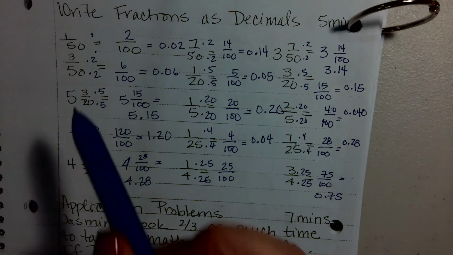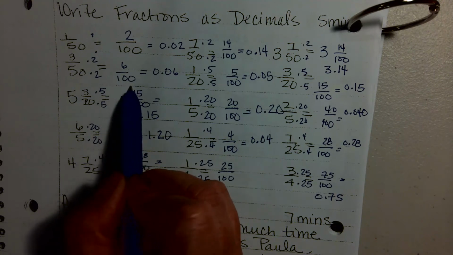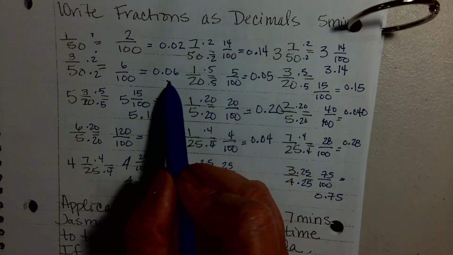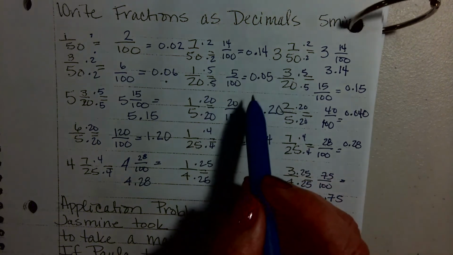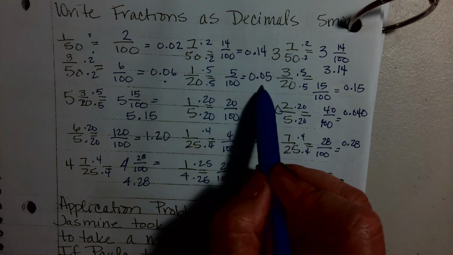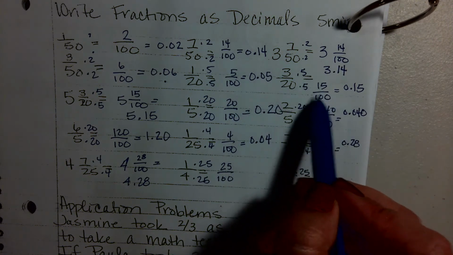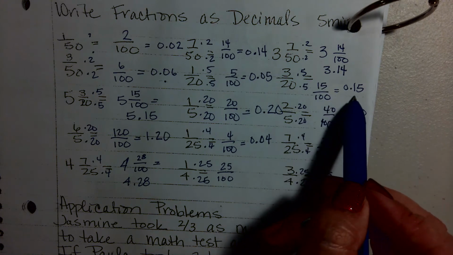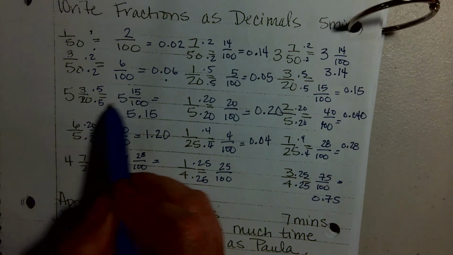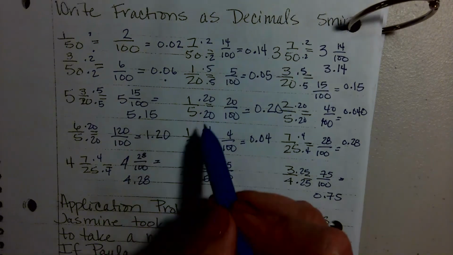So I'm going to multiply by 2 to get 6 hundredths, and then I write it as a decimal, 0.06. 1/20 becomes 5 hundredths, and here is 5 hundredths. 3/20 becomes 15 hundredths. 5 and 3/20, 5 and 15 hundredths becomes 5.15.